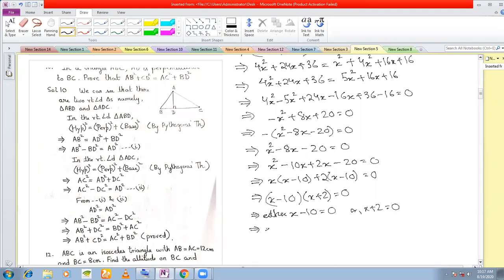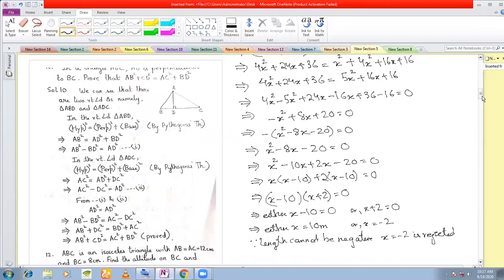That means either x is equal to 10 meters or x is equal to minus 2. Since length cannot be negative, x is equal to minus 2 is rejected.